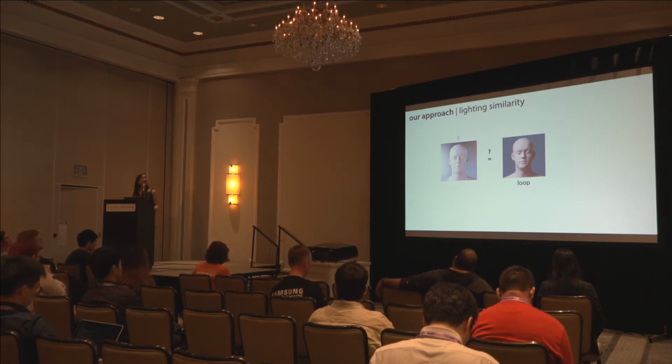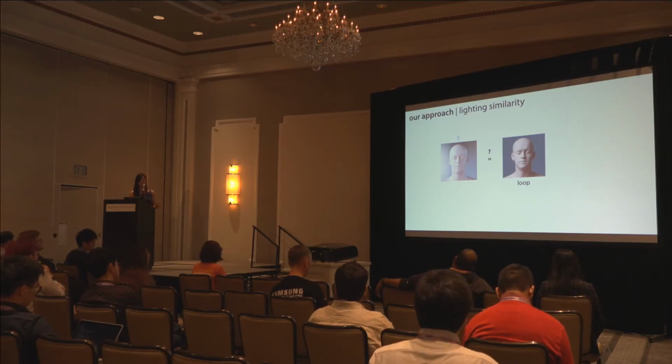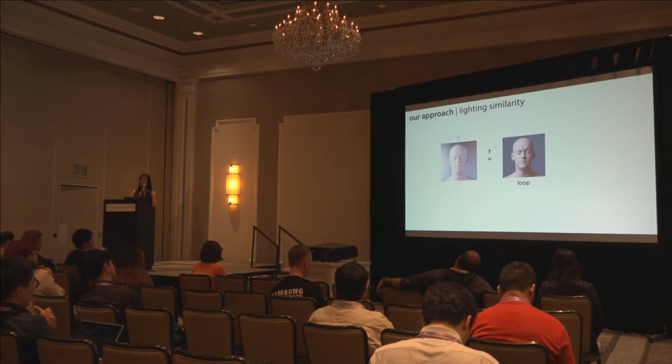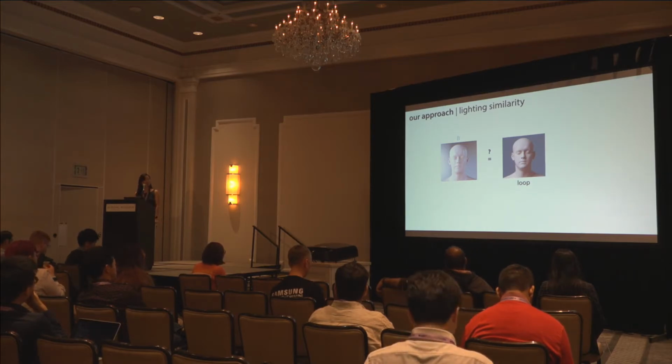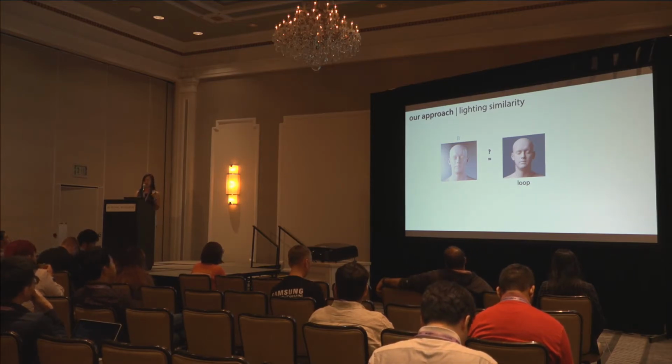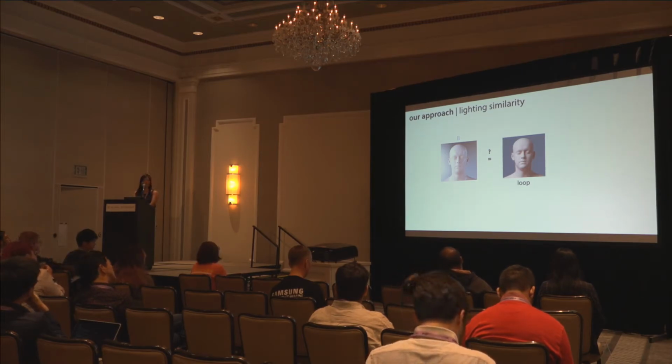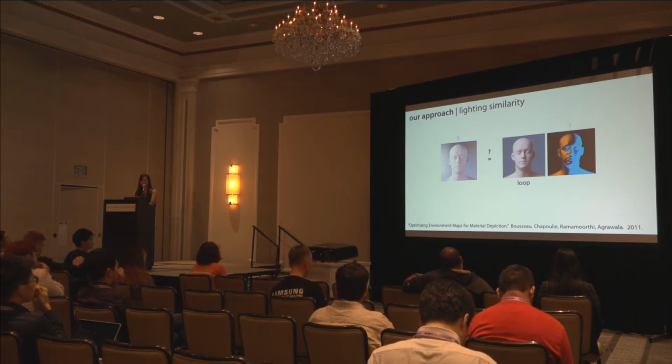Now we know how to render an image given the lighting environment. Next, we want to know how similar this lighting is to the target studio lighting, in this case, loop. Looking at lighting similarity, as we discussed before, the key is relative regions of light and dark. Thus, for a given studio lighting style, we need to transform it into a representation of its light and dark regions. So we generate this weighting function f of x, where for each pixel x, a positive value, or orange, means that you want more light, and a negative value, or blue, means you want less light.